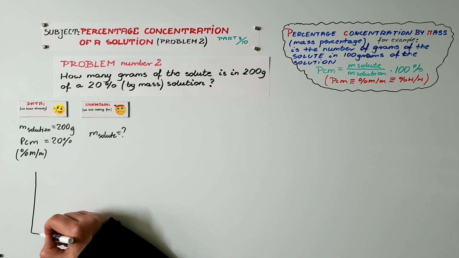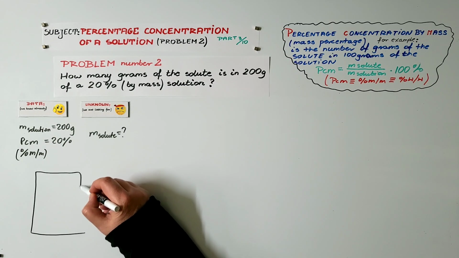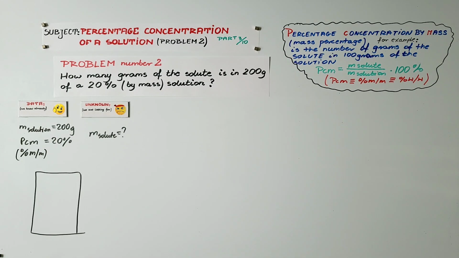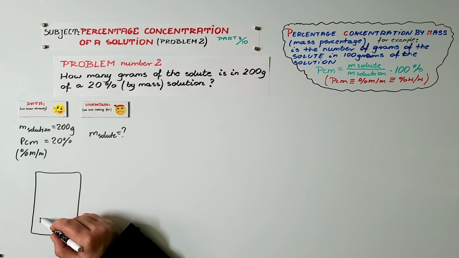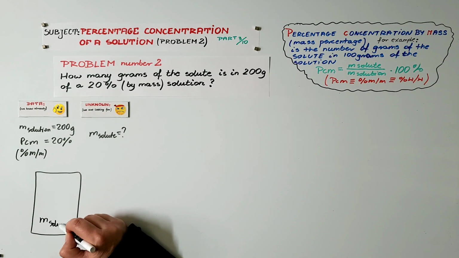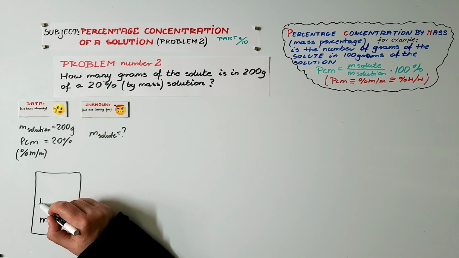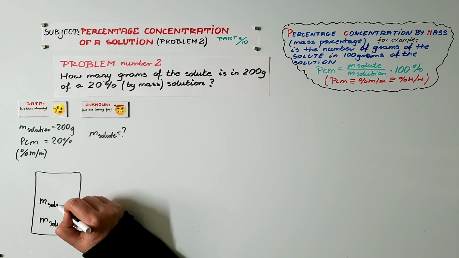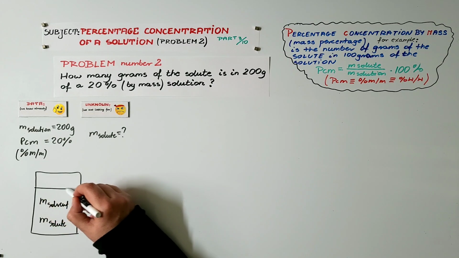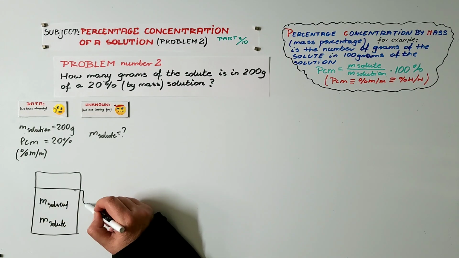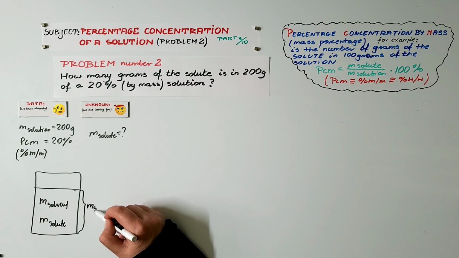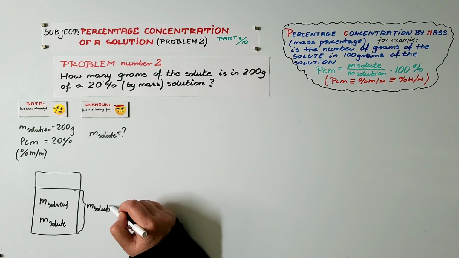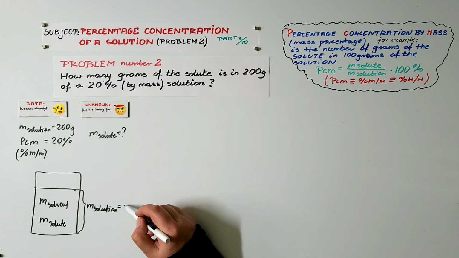So in our beaker, we have solute and solvent. Mass of our solution is 200 grams.